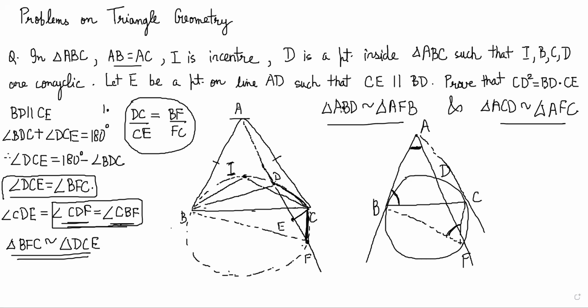I want to show triangle ABF and triangle BDF are similar. That is easy to show because if I make a BDF triangle, I have by alternate segment theorem this angle ABD should be equal to angle BFD. This angle should be equal to this angle.